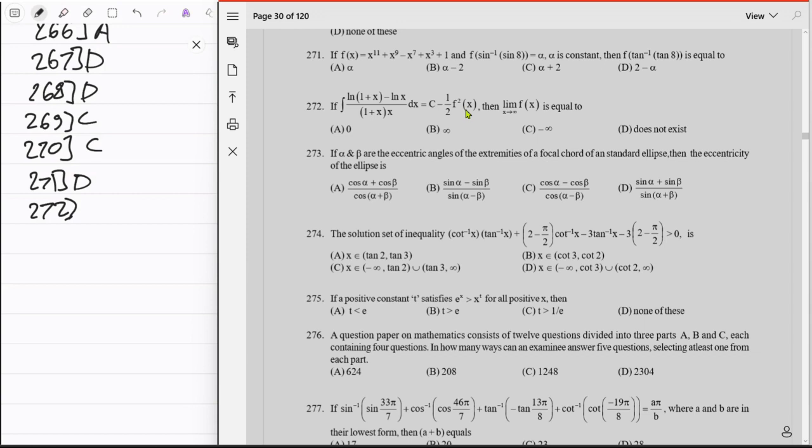Not exactly liking it. Okay, let's just figure out this integral. What is happening? This is log of 1 plus x minus log of x, upon 1 plus x times x. Now partial fractions, decompose this, I guess, or some other way. 1 plus x upon x or something like that.